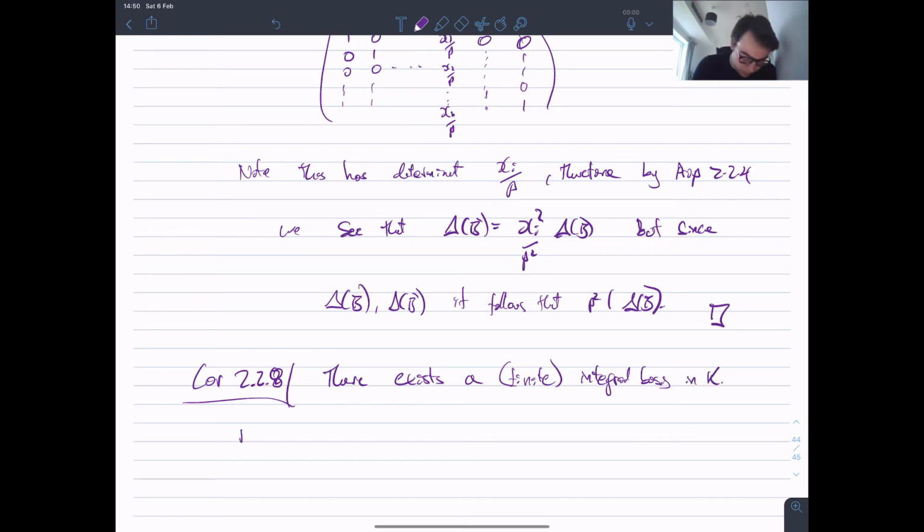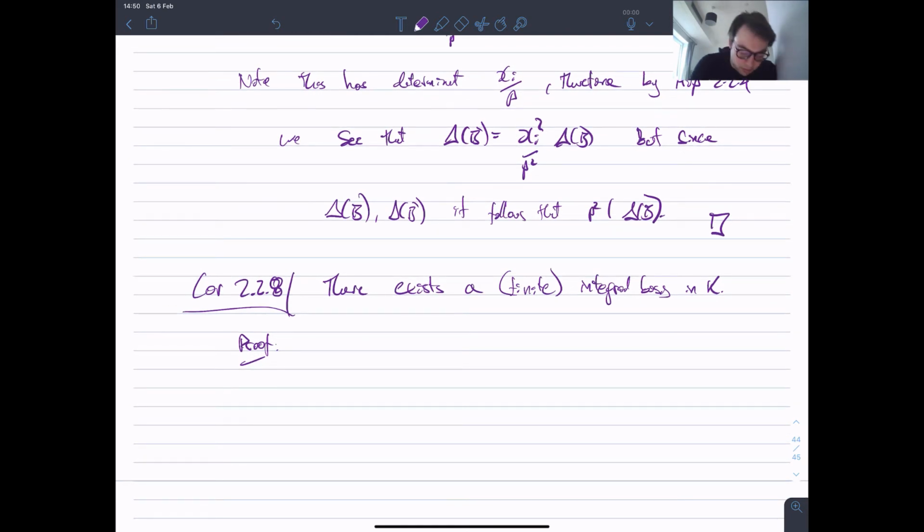What's the proof of this? The fact that it's finite follows from the fact that you have a number field, so this degree is less than infinity.